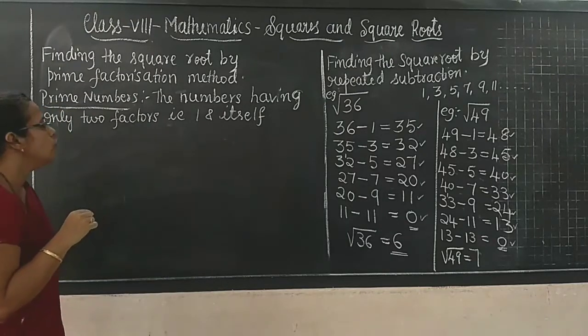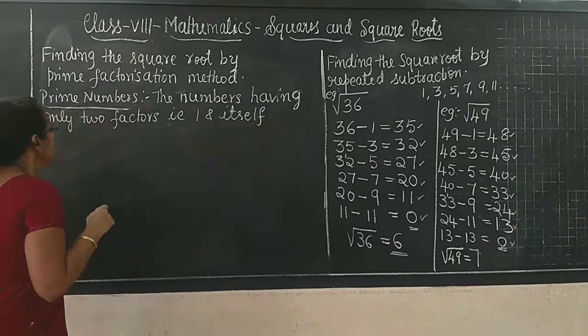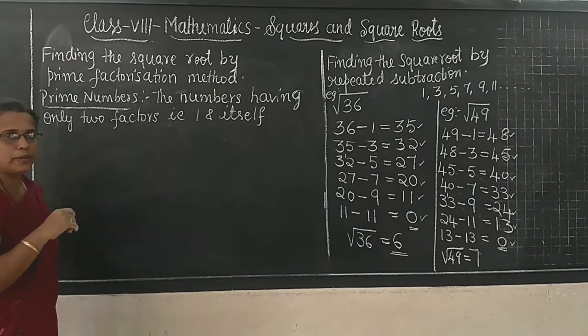Numbers having only two factors are called prime numbers.